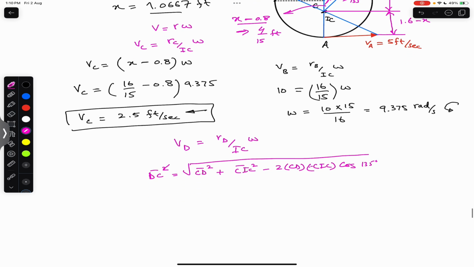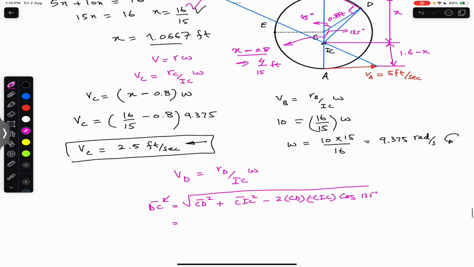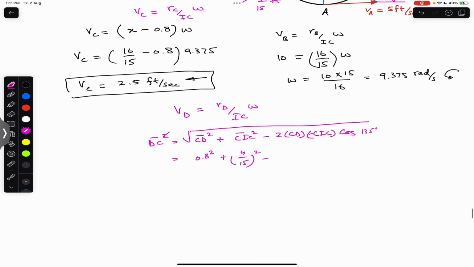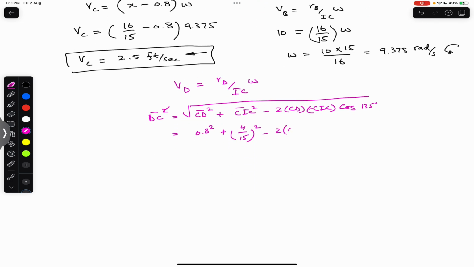So DC will be equal to the square root of CD squared, which is the radius, so 0.8 squared, plus 4 divided by 15 squared, minus 2 times 0.8 times 4 divided by 15 times cos of 135.